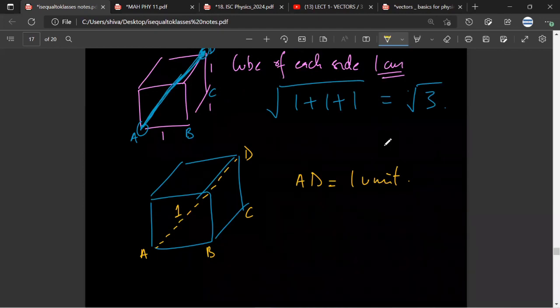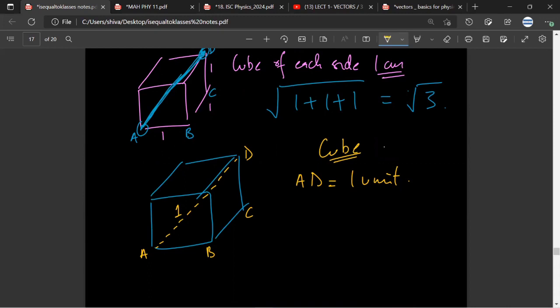And I'm asking you, this of course is a cube, and now I'm asking you, what would be the side of the cube whose longest diagonal is 1? What is the side of that particular cube?